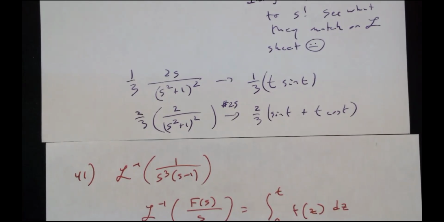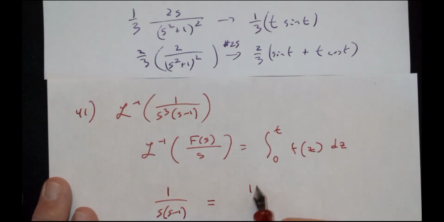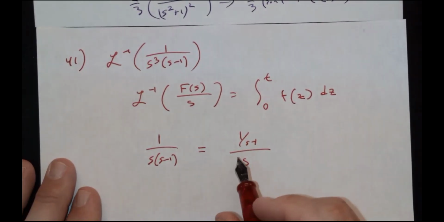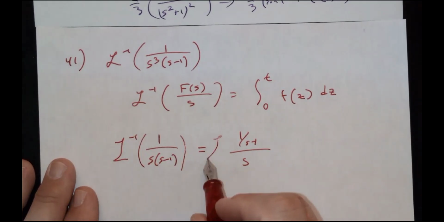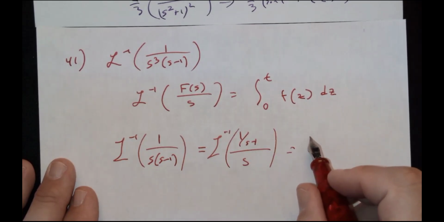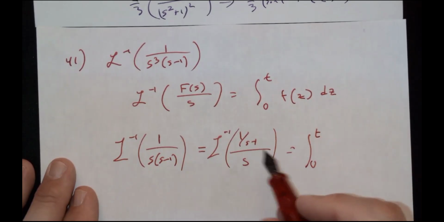If I do this, I'm going to do number 40 along the way. So I'm just going to do 39. We're going to do the first one. So when I see 1 over s times s minus 1, I can really think of that as 1 over s minus 1, all over s. So this tells me if I want to do the Laplace inverse, I should be doing the integral from 0 to t of, okay, wait a minute.